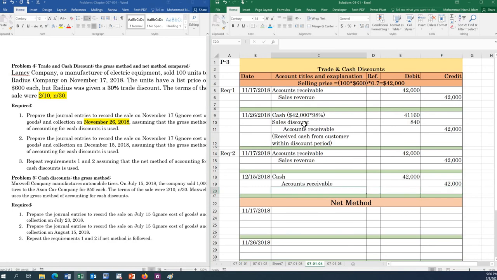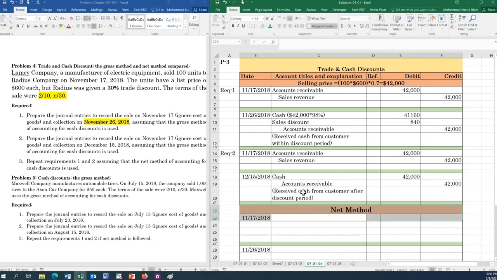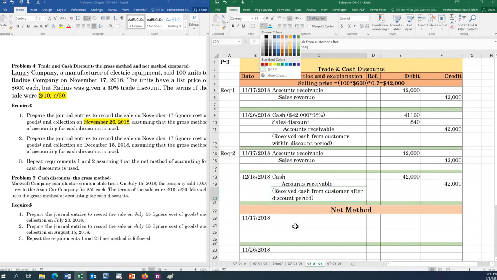Okay, so here we can say that received cash from customer after discount period. Okay, so it tells us that the customer did not take the opportunity of cash discount.